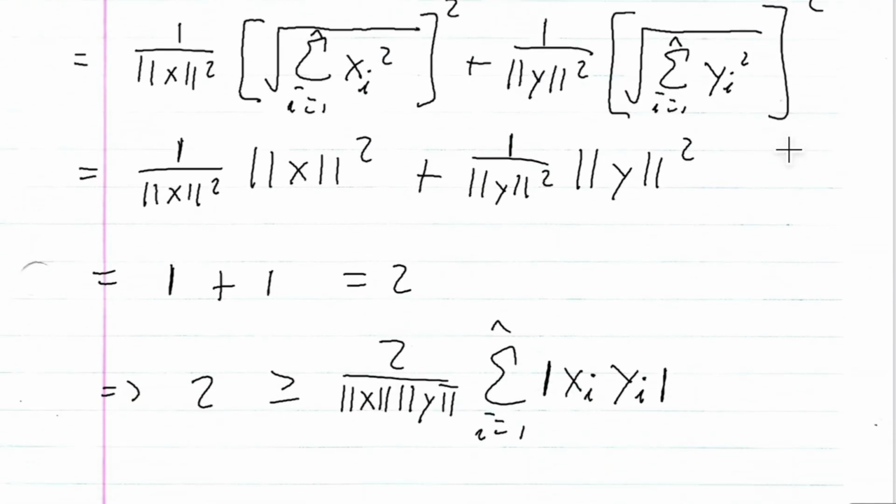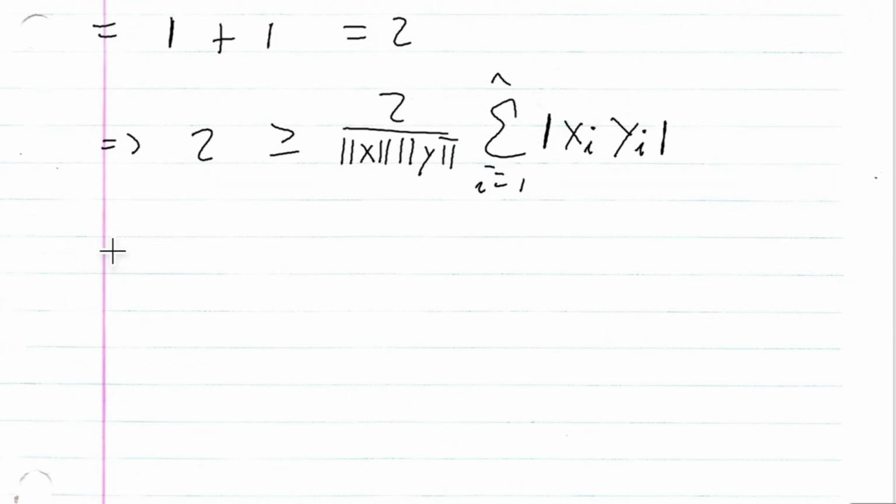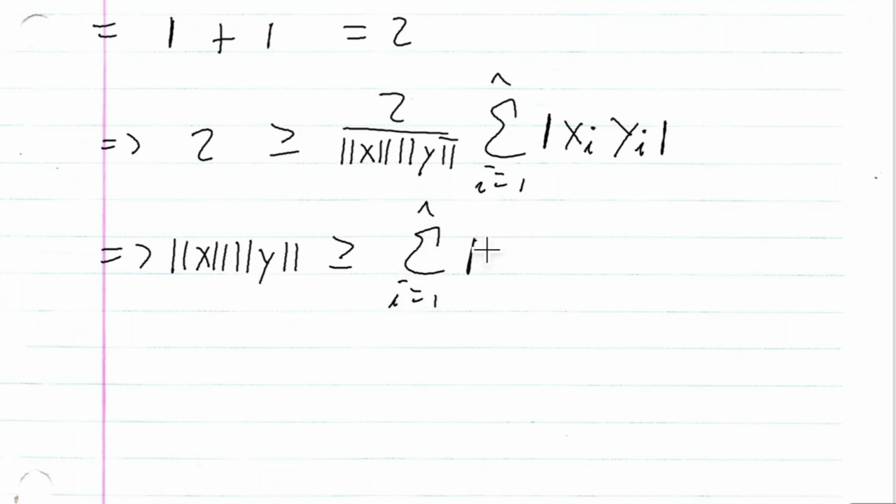Yep. Now I can multiply both sides by the norm of x times the norm of y over 2. If I do that, I get the norm of x times the norm of y is bigger than or equal to the sum from 1 to n of the absolute value of x sub i y sub i.